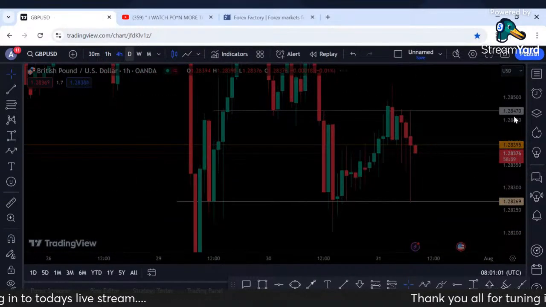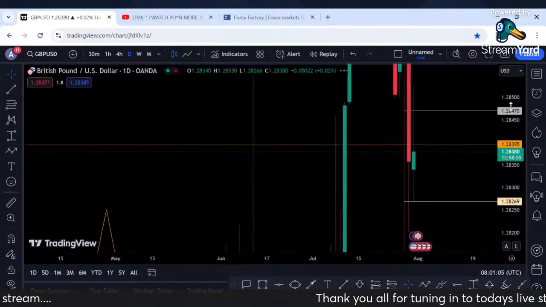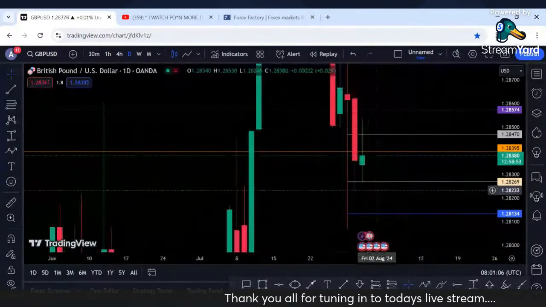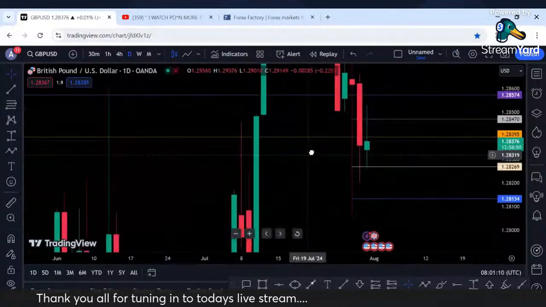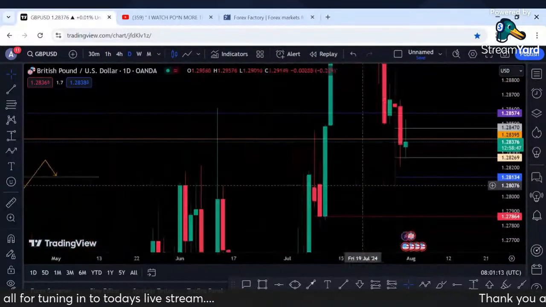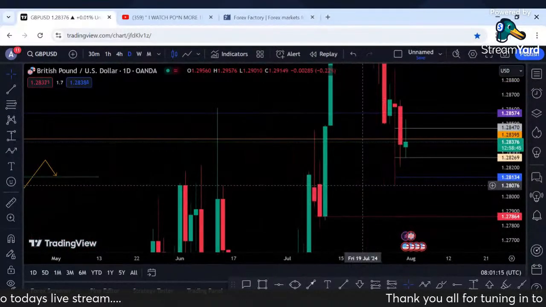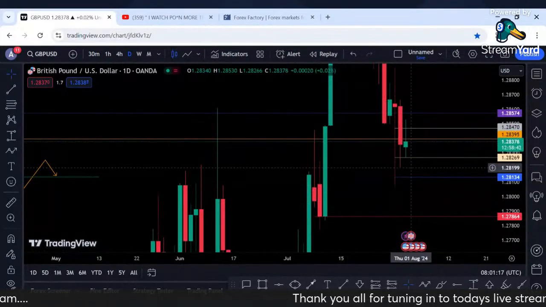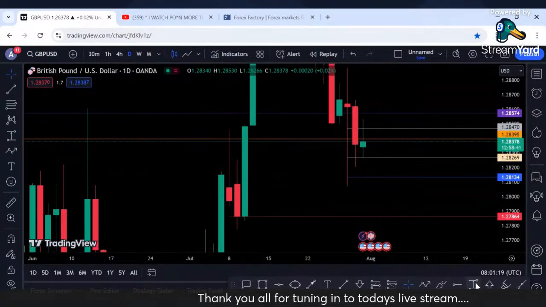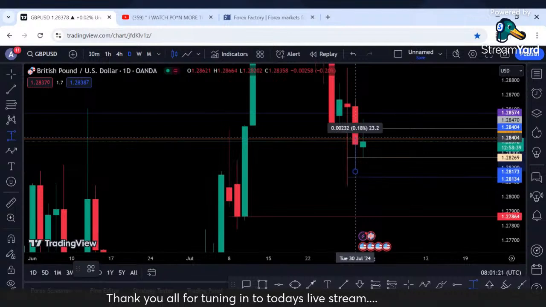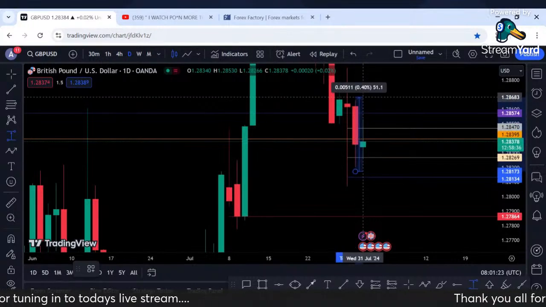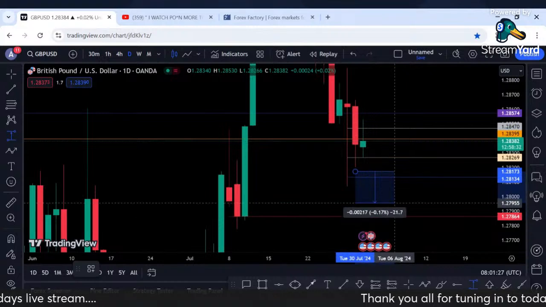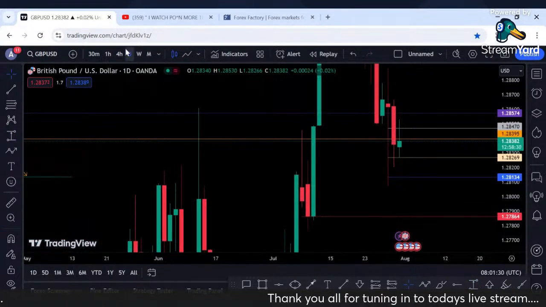Daily would have been the nice time frame to get an opportunity, but the way the previous one closed, even if you take a sell over here, your stop loss is going to be very high.